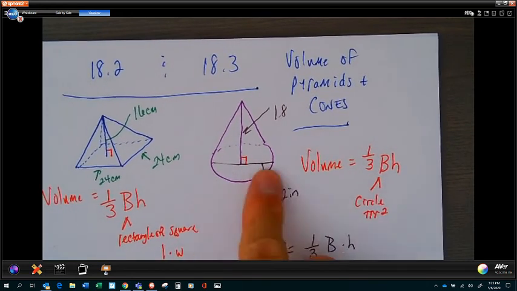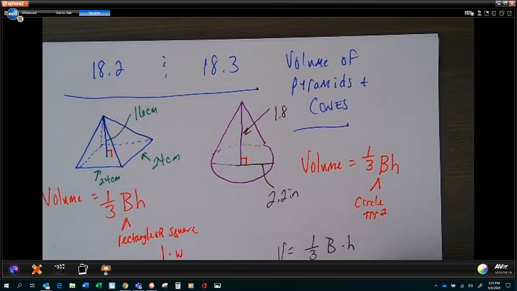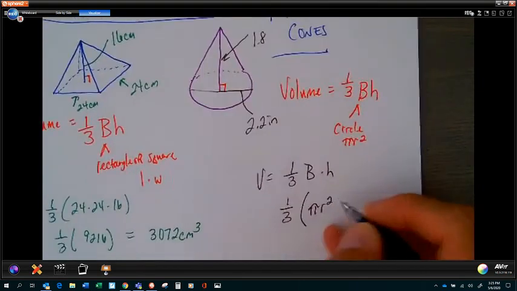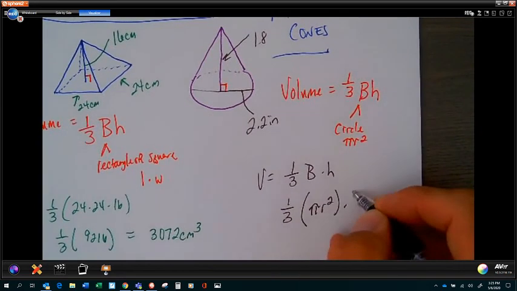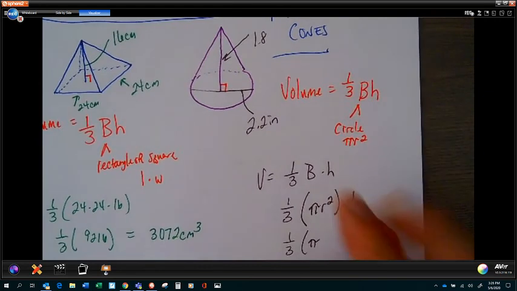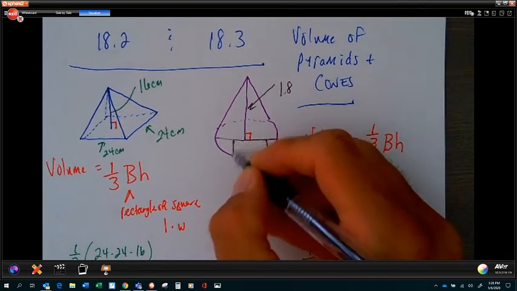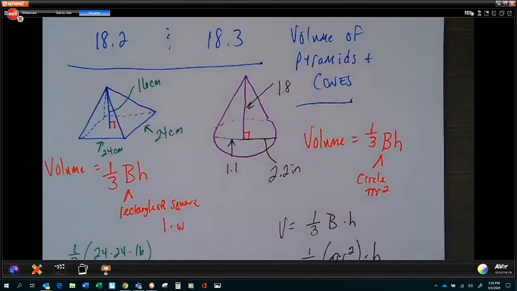So we take 1/3 times the big base. Now, the big base here is a circle, so we need to do pi r squared, and then times the height. We know our diameter is 2.2, but we only need the radius, so half of the diameter is going to be 1.1.